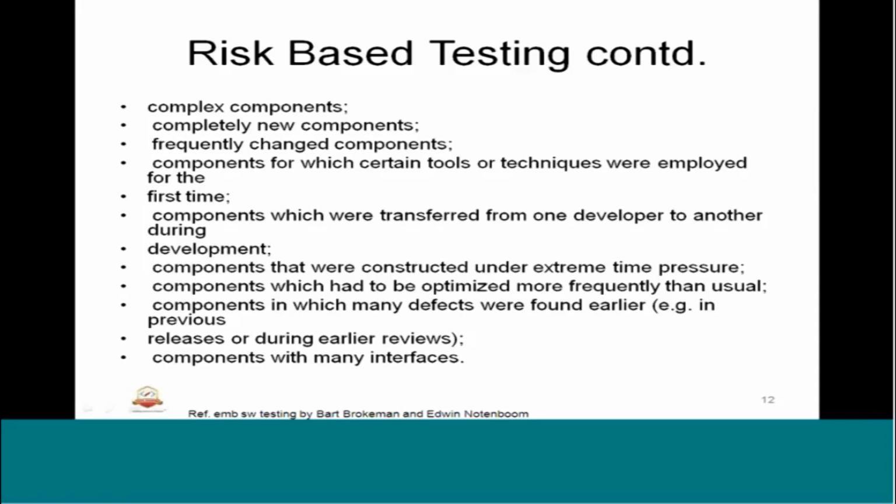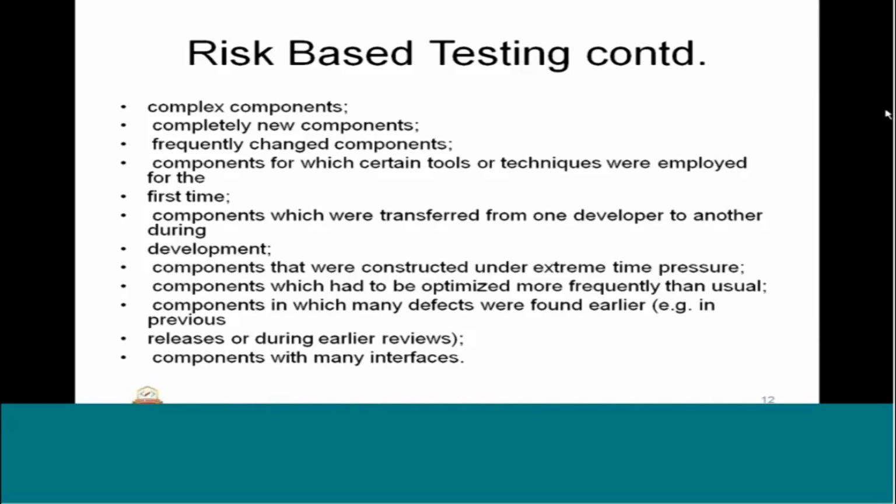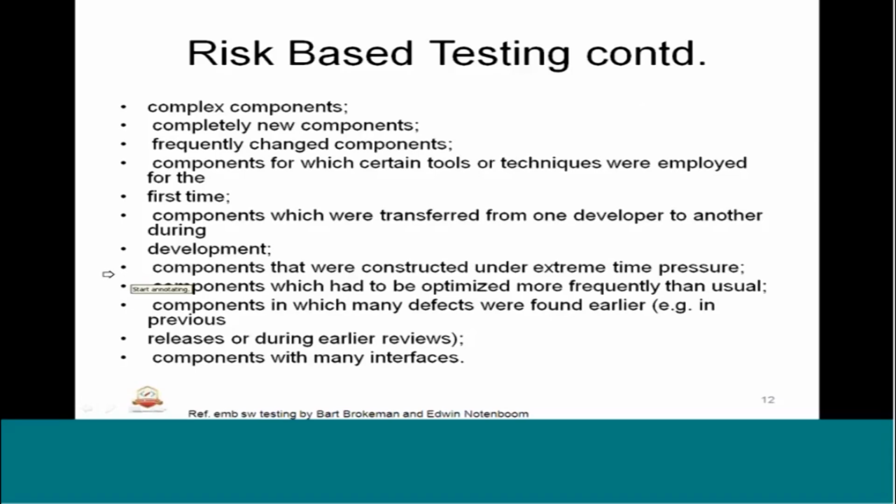Components that were constructed under extreme time pressure. It's a very important term because in embedded software development, there is a chance that the last-minute work will be more, and due to delays in inputs for the developer or the tester, due to high pressure and time to market, the chances of injecting failures are more.